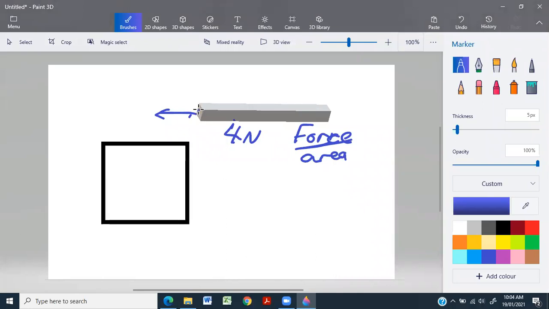So pretend the surface is this square here. Let's divide it up into certain sections. Okay, so that's as neat as I could get, right? So we divide this block up into certain sections.